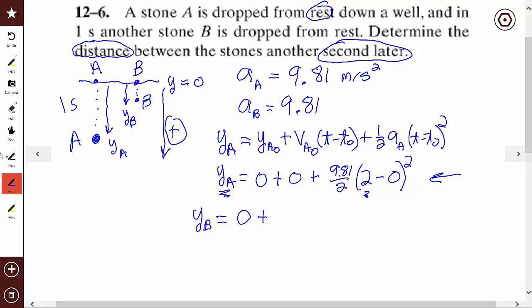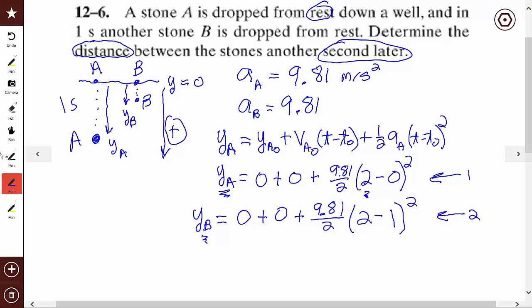He also starts at rest, so he has initial velocity of 0. His acceleration is also 9.81 positive, and it's 1/2 of 9.81. His time is 2 seconds minus the initial time. He started moving at 1 second, so that would be 2 minus 1 quantity squared. And so this is a second equation. So I have equation number 1, equation number 2. Two equations allow me to solve for two things. The two things are y A and y B.